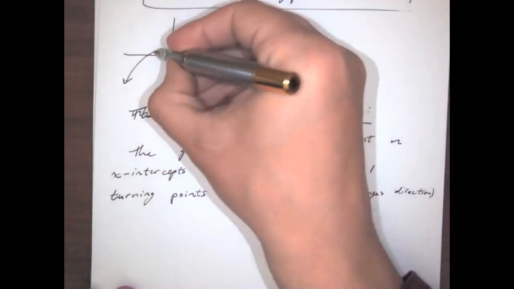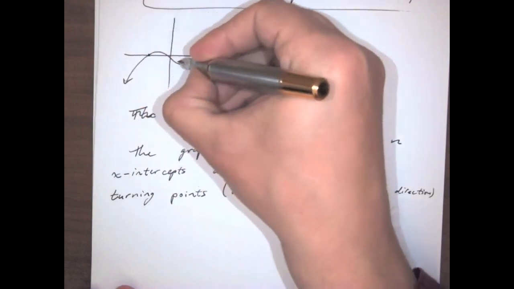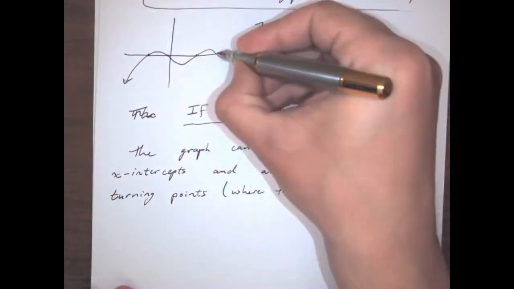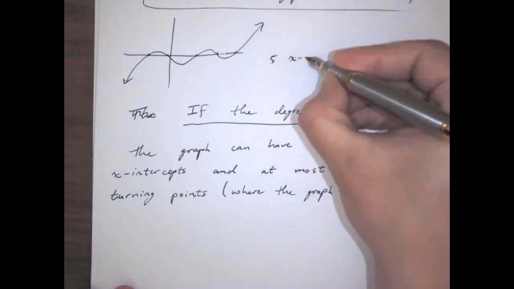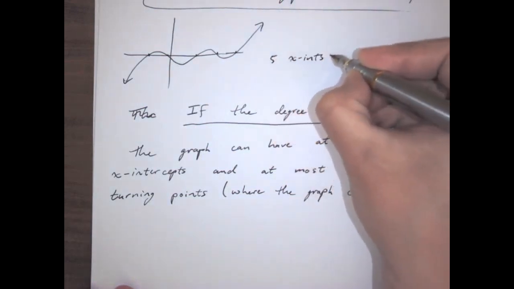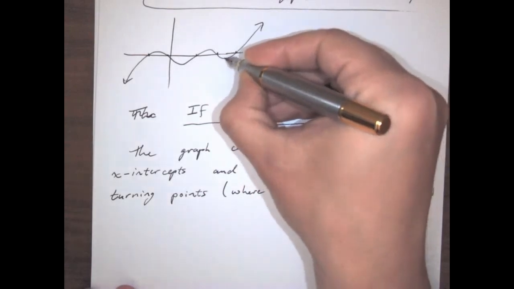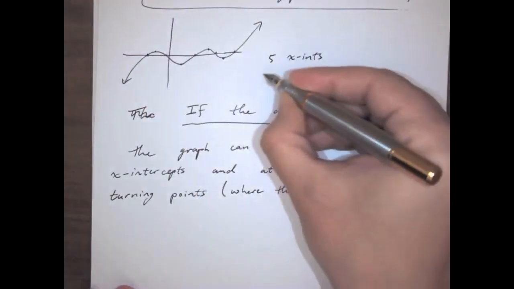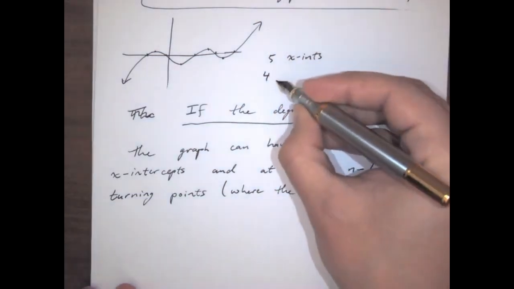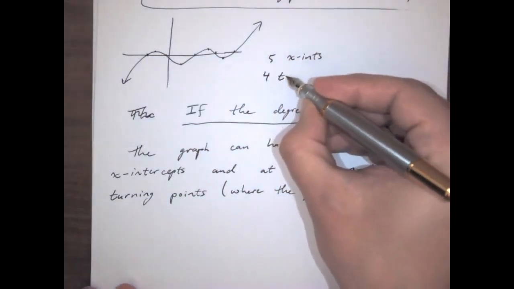So here, for example, we would see 1, 2, 3, 4, 5 x-intercepts, and 1, 2, 3, 4 turning points.